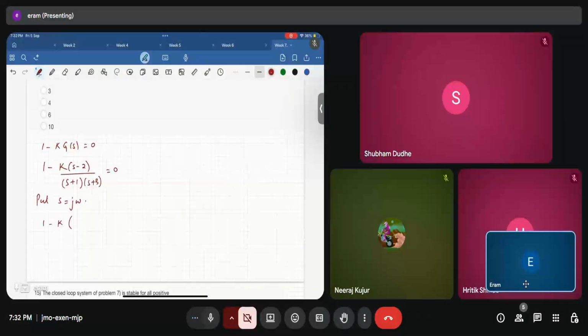Then it will be (j omega minus 2) divided by (j omega plus 1)(j omega plus 3) equals 0. Let's multiply directly. It will be minus omega square plus 4j omega plus 3 minus kj omega plus 2k equals 0, right?